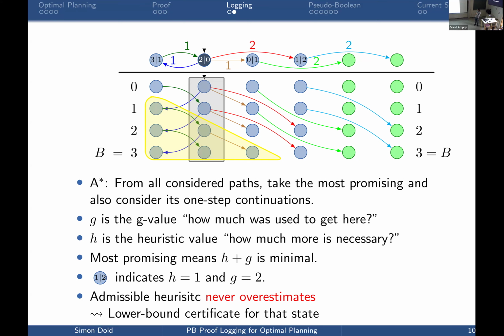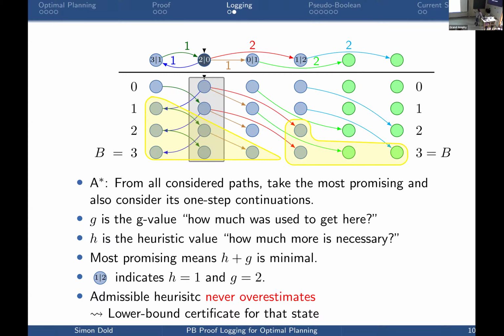And here again, we have this lower bound certificate. But this time it starts at a lower level because we have a different G value. And there you can again confirm the 3 properties. I can do 2 steps without finding a goal state, and therefore it is a lower bound certificate for that.